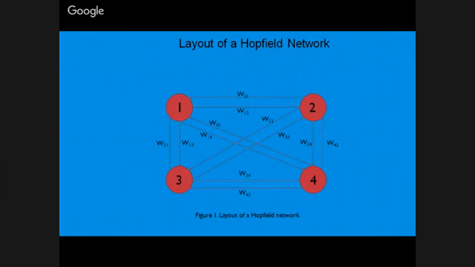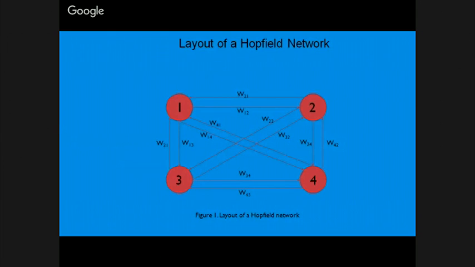So what would be the weight matrix? The weight matrix would be W11, W12, W13, W14. Then W21 in the next row, W22, W23 and W24. In the third row it will be W31, W32, W33, W34, and the fourth row would be W41, W42, W43, W44.